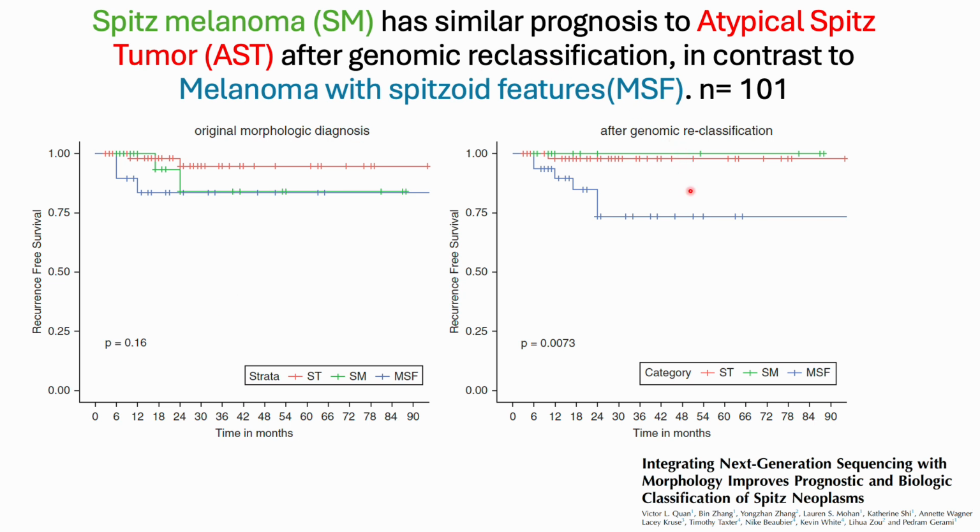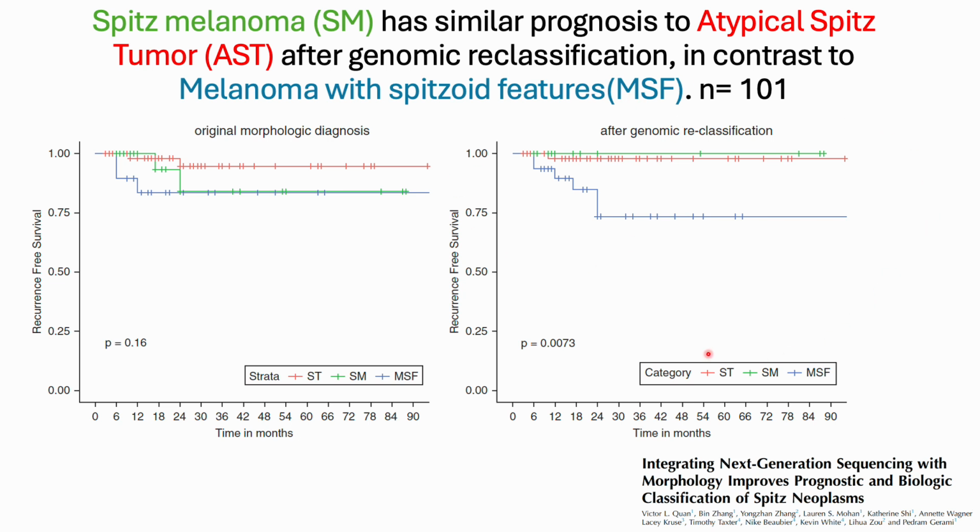So these two figures show recurrence-free survival for Spitz melanoma in green, atypical Spitz tumour in red, and melanoma with spitzoid features in blue.